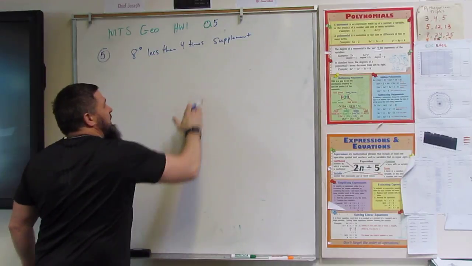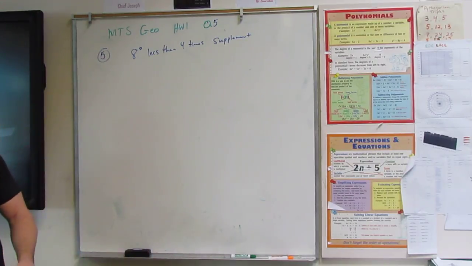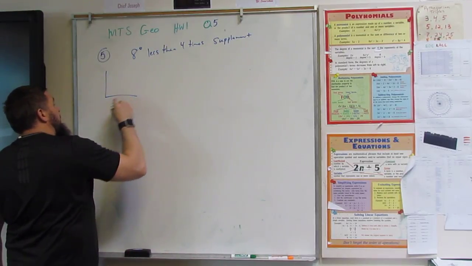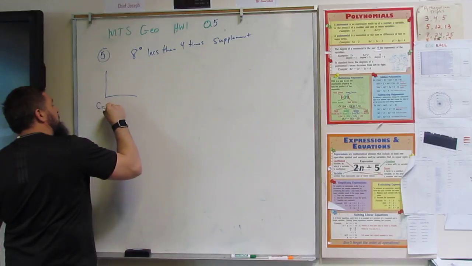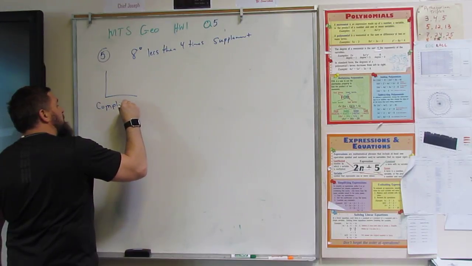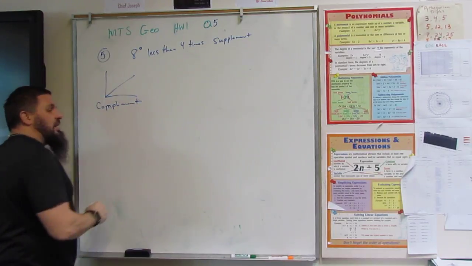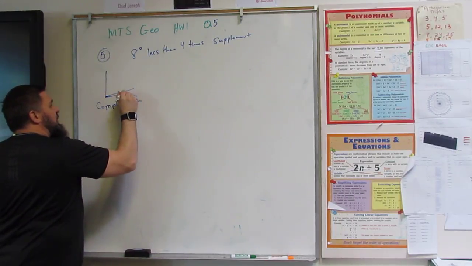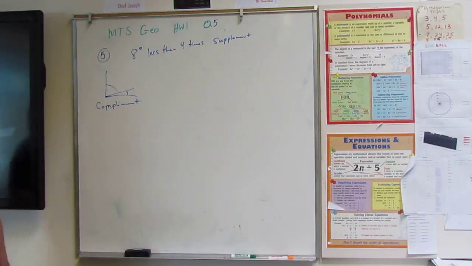Okay, so we need to understand two things: what a supplement is and what a complement is. A complement is two angles that create 90 degrees.